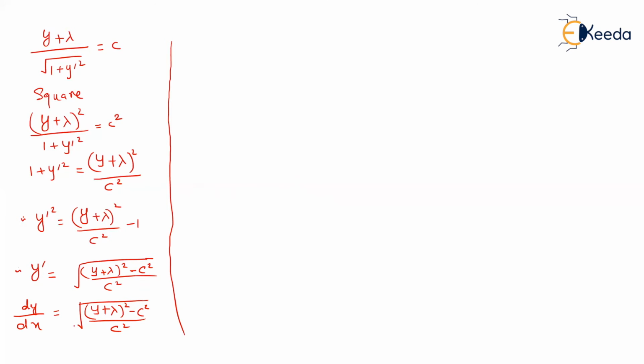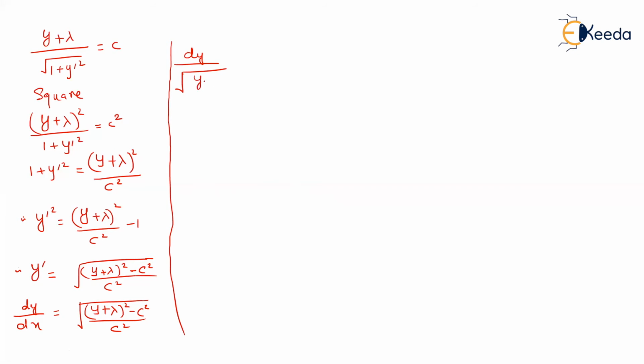What next? Obviously if we want y, then it has to be variable separable, because on the right hand side, if we had only x, then we would need to integrate directly. Here there is y also, therefore it will be variable separable. So dy upon this term, I am taking in the denominator.